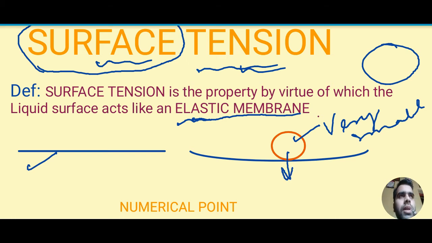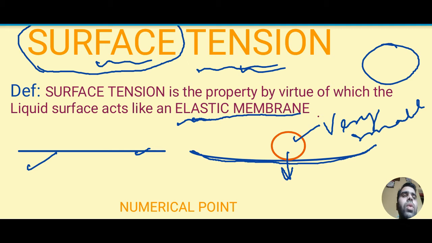It will float on the surface, not by buoyancy or any other effect, but the surface itself will act like a membrane. The surface will stretch down and it will hold that weight. So this is surface tension.